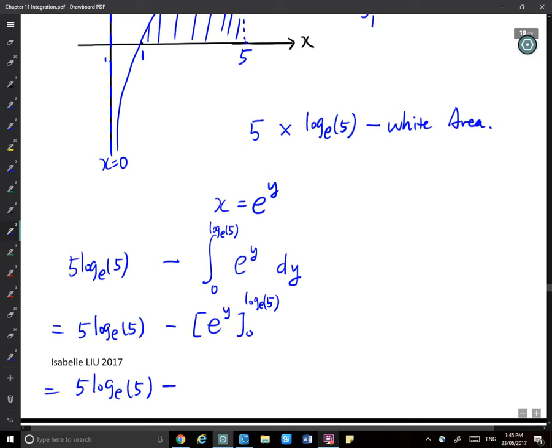What I'm trying to subtract is e to the power of log e 5, which is 5, minus e to the power of 0, which is 1. So that equals 5 log e 5 minus 1, minus 4.